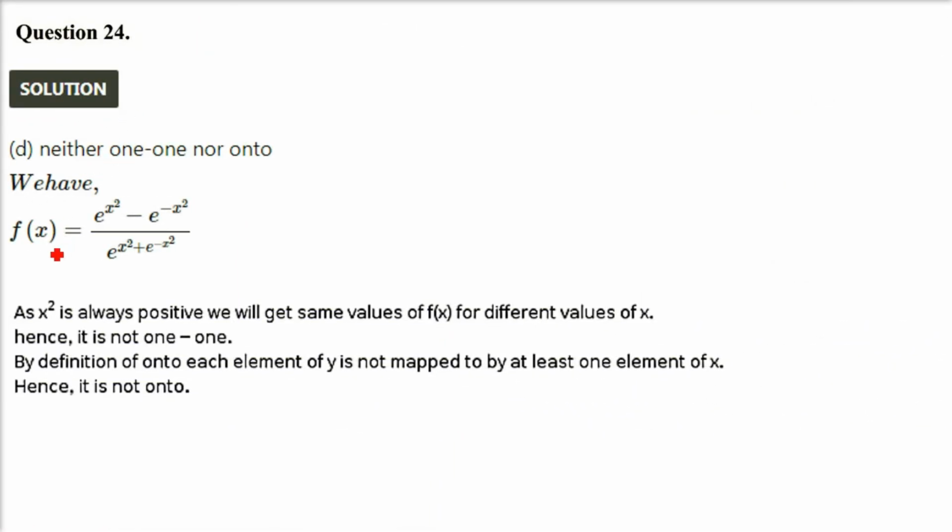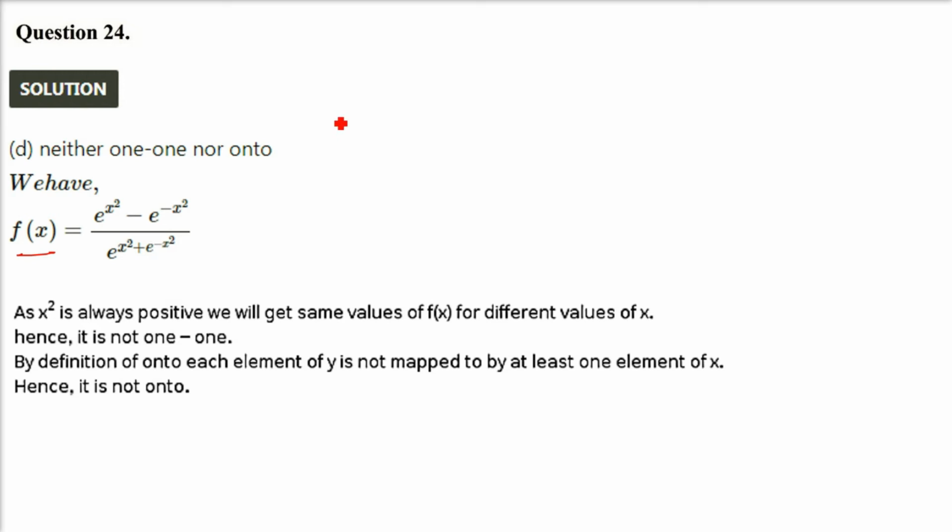Next one is, the function is R to R. This is defined by f(x) equals (e raised x square minus e raised minus x square) divided by (e raised x square plus e raised minus x square). Since we have done questions like this, we easily see that it is x square, whatever you put, it will be same.